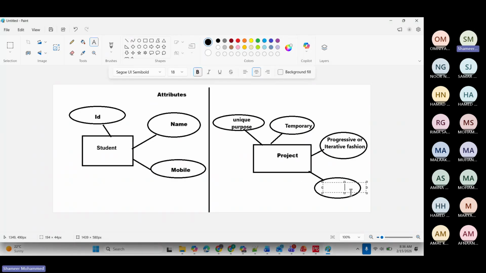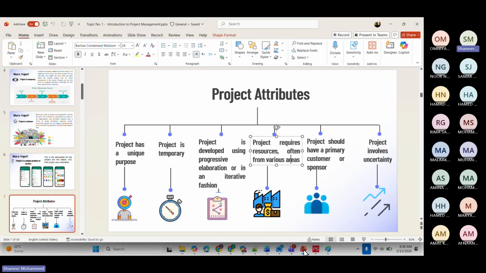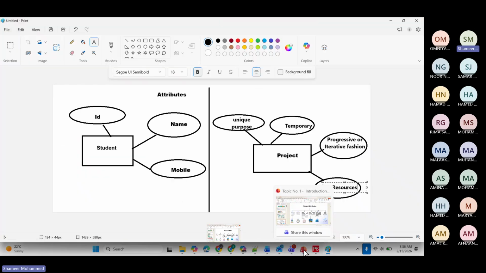Okay, what are the resources? You have one chapter for that one. You need resources. And projects have one customer or one sponsor. Every project will have one customer or a sponsor.